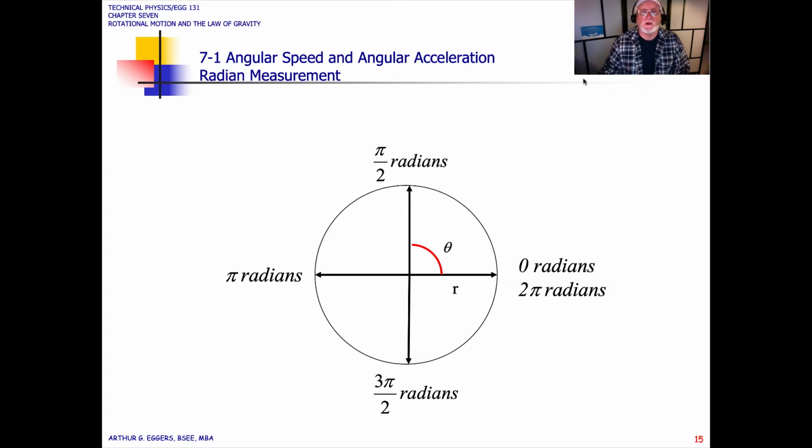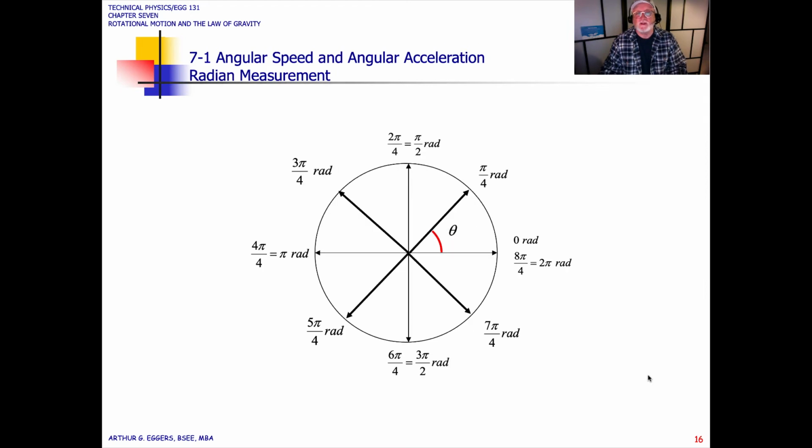If we were to move it just to here, we would end up with, in essence, our 45-degree angle. We're going to look at what the measure would be from here to here in radians.